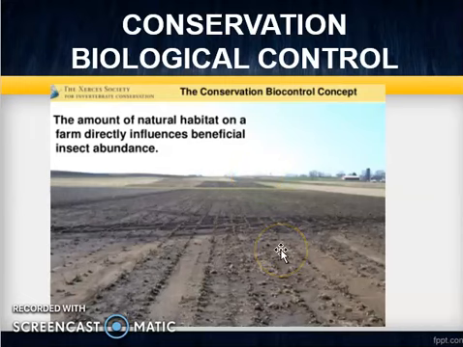The presence of that natural habitat in terms of its large area, if that area is preserved in our agriculture field in larger amounts, is one approach whereby we can conserve the habitat belonging to the beneficial insect or natural enemy. Therefore, you can control the attack or damage caused by pests on our crop.